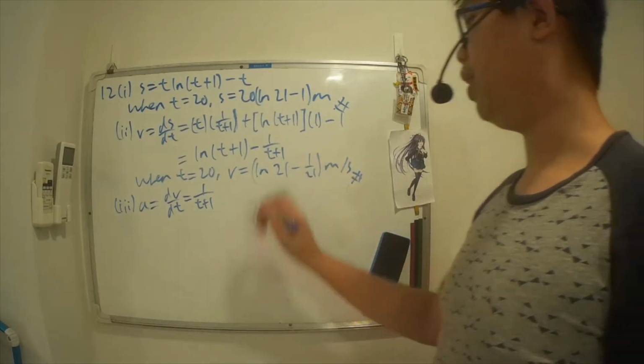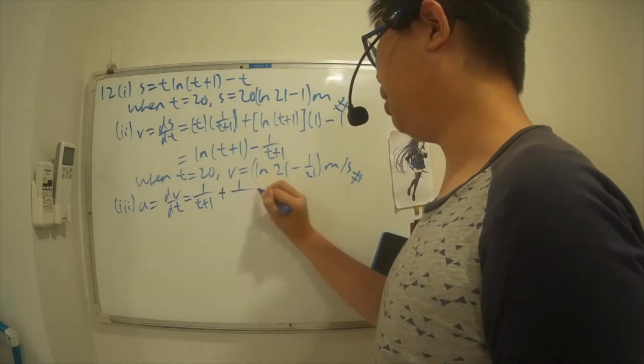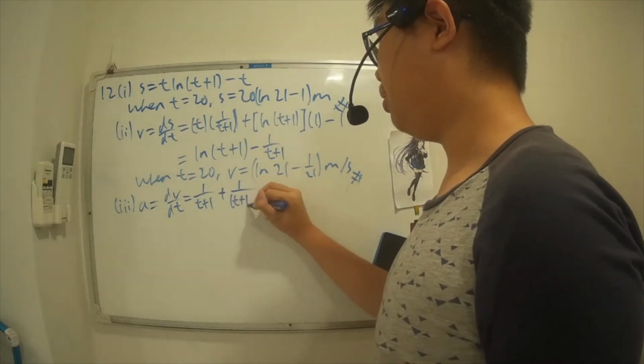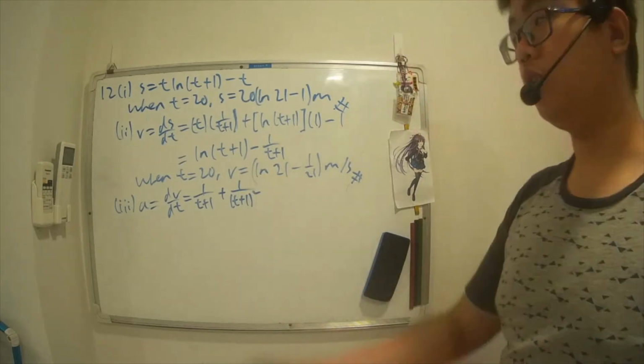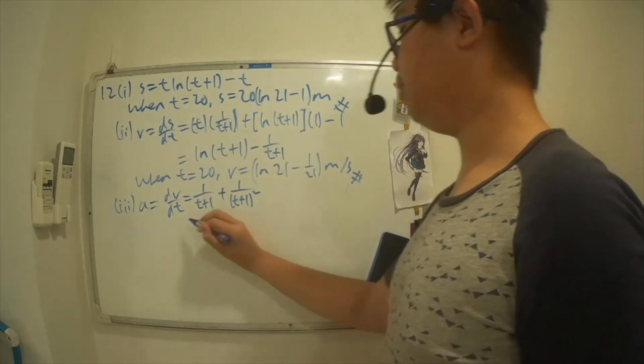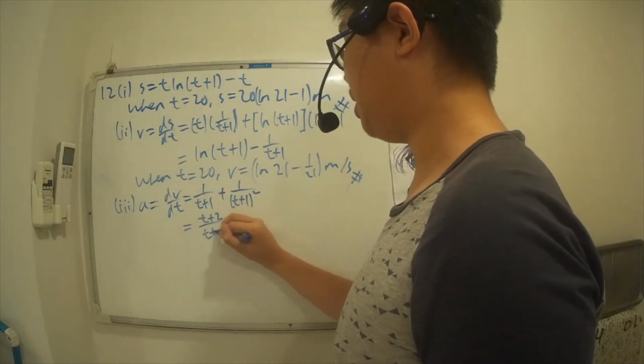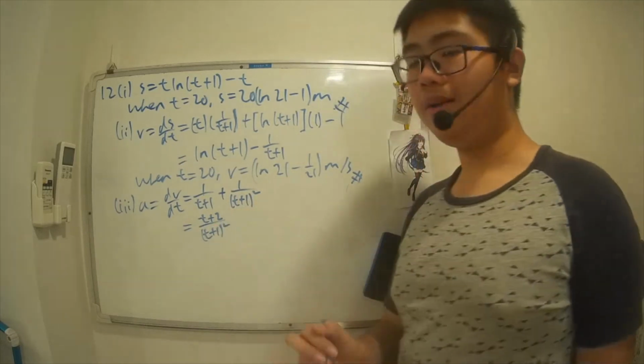The derivative is 1, so we don't need to worry about that. So this will just be 1 over t plus 1 squared. I'll multiply the top and bottom here by t plus 1, so I can bring them together. So this is t plus 2 over t plus 1 squared.